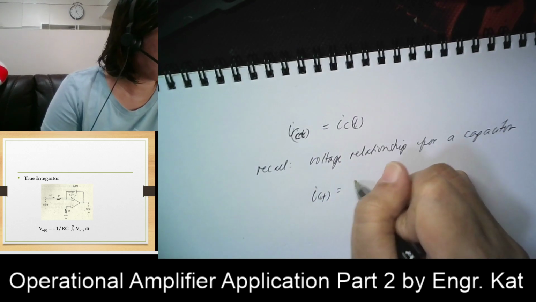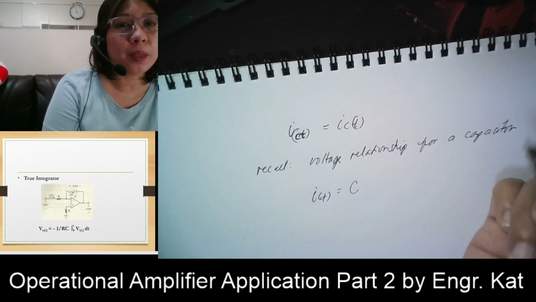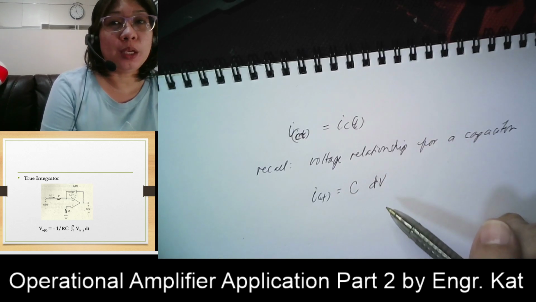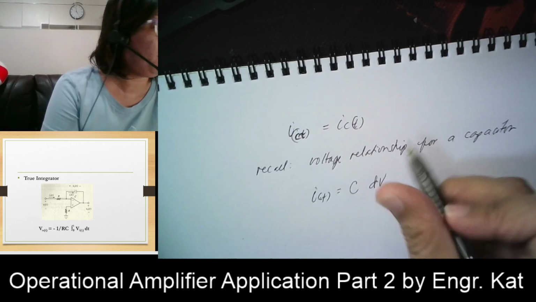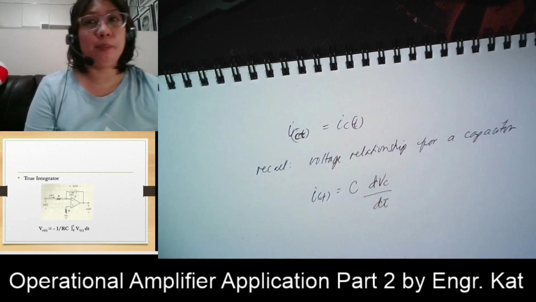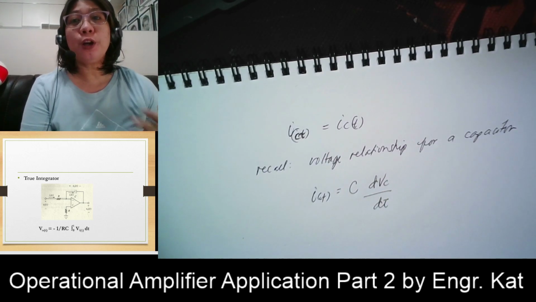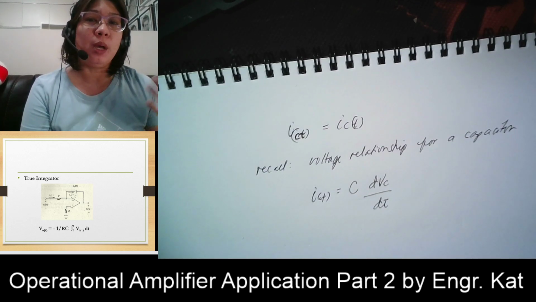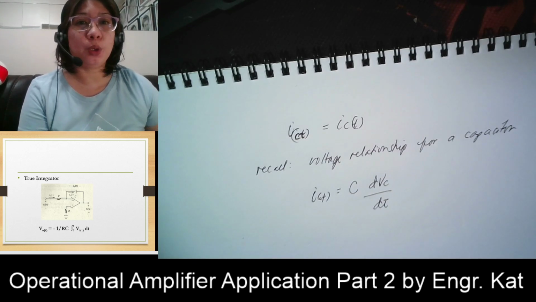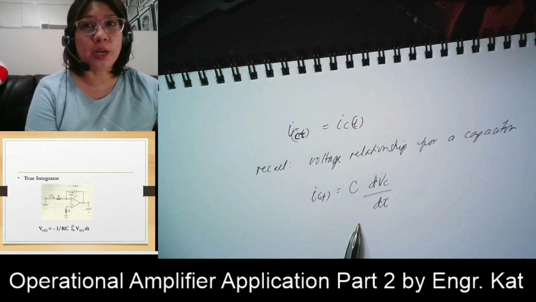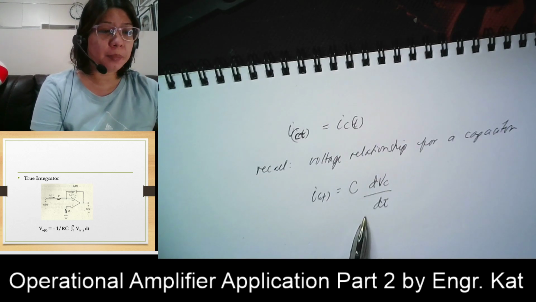That is equivalent to the capacitance multiplied by the derivative of your voltage VC with respect to time. For current to flow across your capacitor, there should be a change in voltage with respect to change in time. You can remember this from your notes in your circuit analysis lecture.